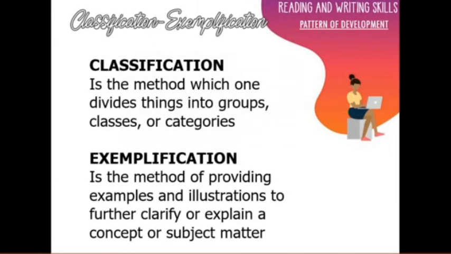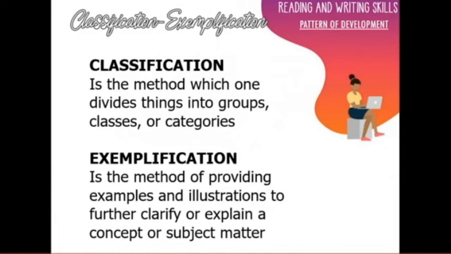Okay, the next pattern of development that we have here is the classification or exemplification. So, classification is the method in which one divides things into groups, classes, or categories. So, from the name itself, you are going to classify something in your paragraph.